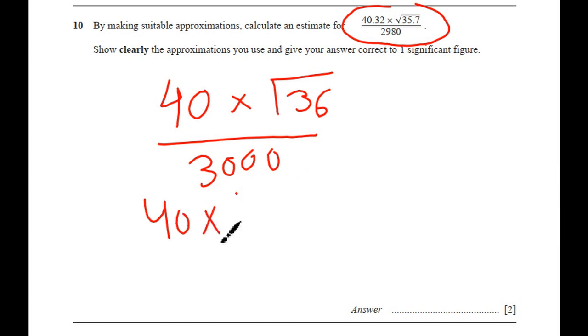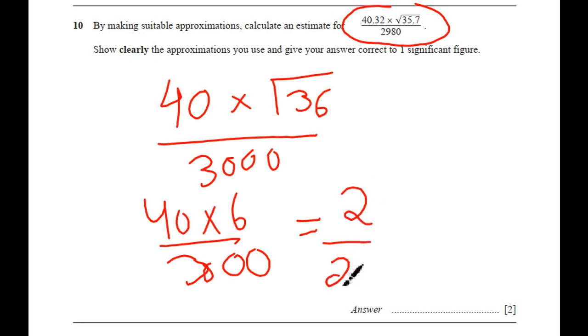So we have 40 times 6 over 3000. This simplified should give you 2 over 25.